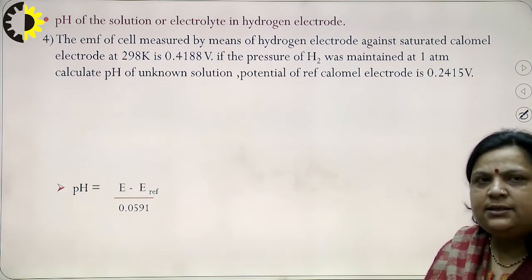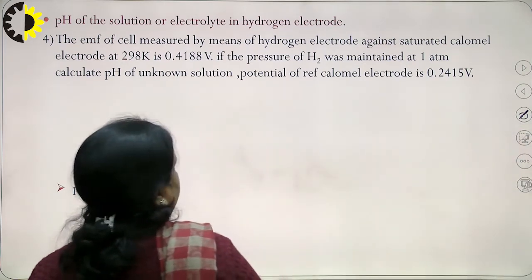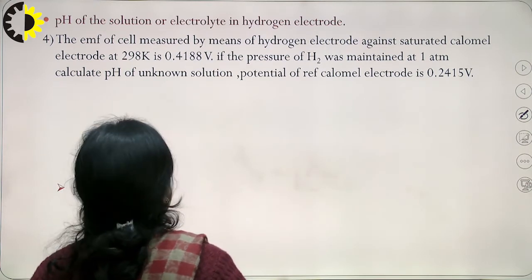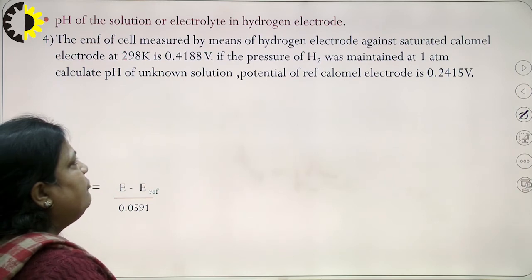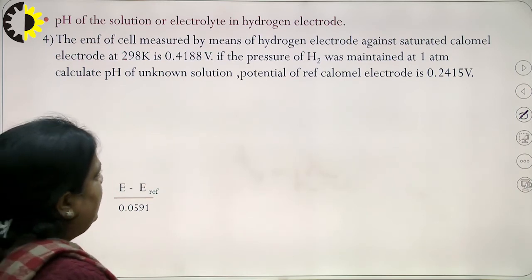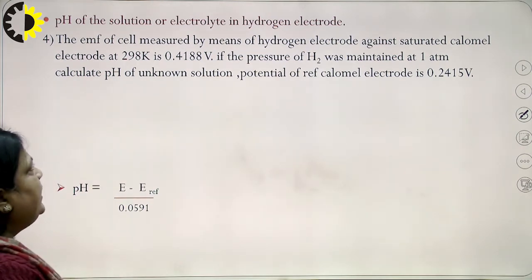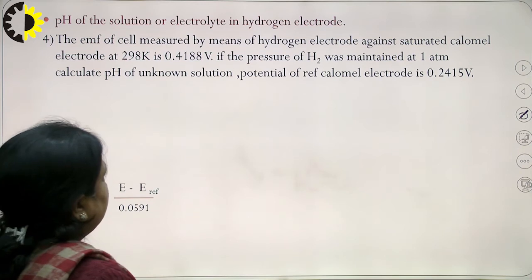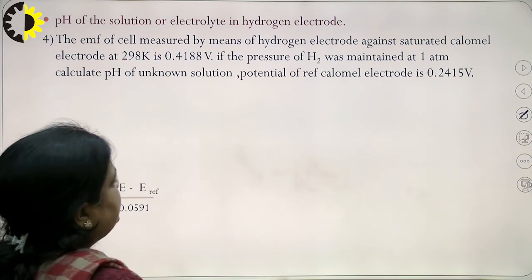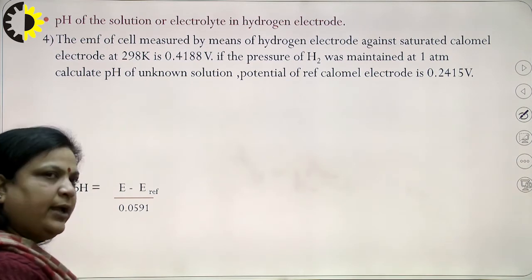The question is: the EMF of a cell measured by means of a hydrogen electrode against a saturated calomel electrode at 298 Kelvin is 0.4188, and if the pressure of hydrogen was maintained at 1 atmosphere, then calculate the pH of the solution, and the potential of the reference calomel electrode is 0.2415.